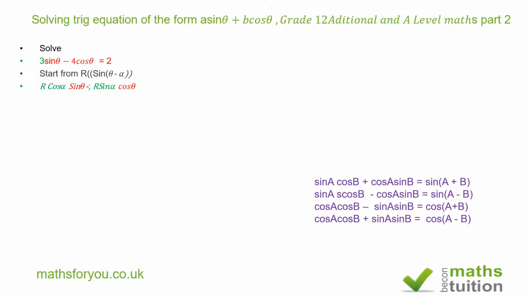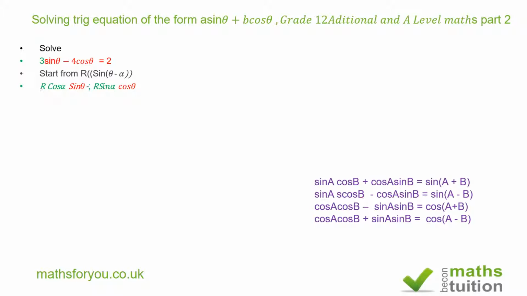Because in this instance, this is my sine theta, or sine A in this case here. But my r cos alpha is the coefficient of sine theta, similar to cos B here being the coefficient of sine A.